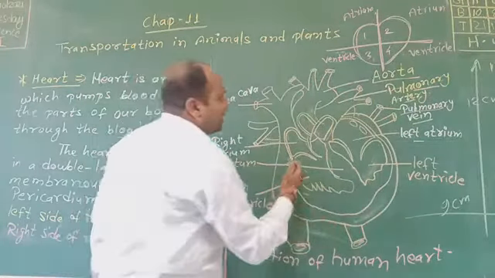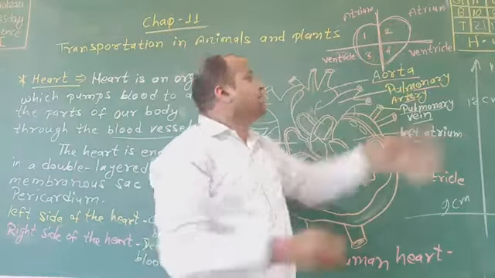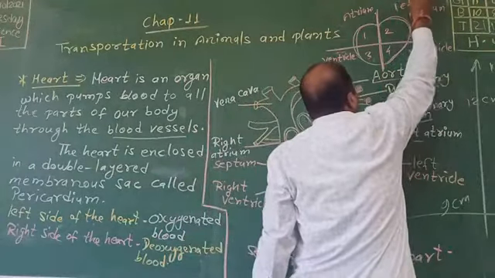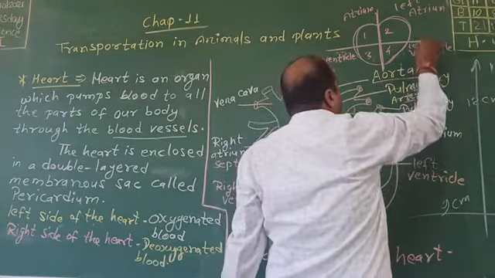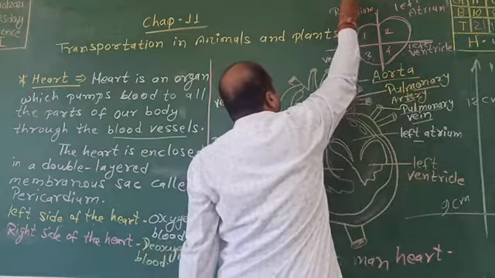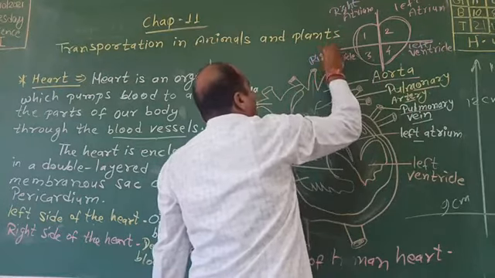This part is called the left atrium, this part the left ventricle, this part the right atrium, and this part the right ventricle.